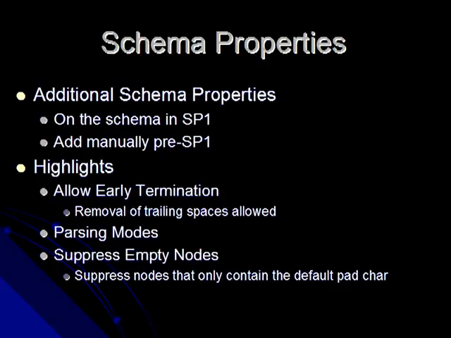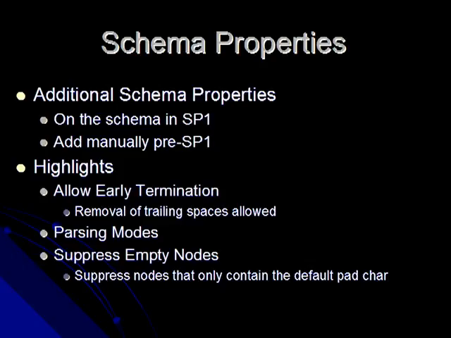Now, a few other things I want to point out are some additional flat file schema properties that are available for us. If you're not using BizTalk SP1, these schema properties have to be manually added to the XSD by opening it up inside of Notepad and then adding these properties in there.